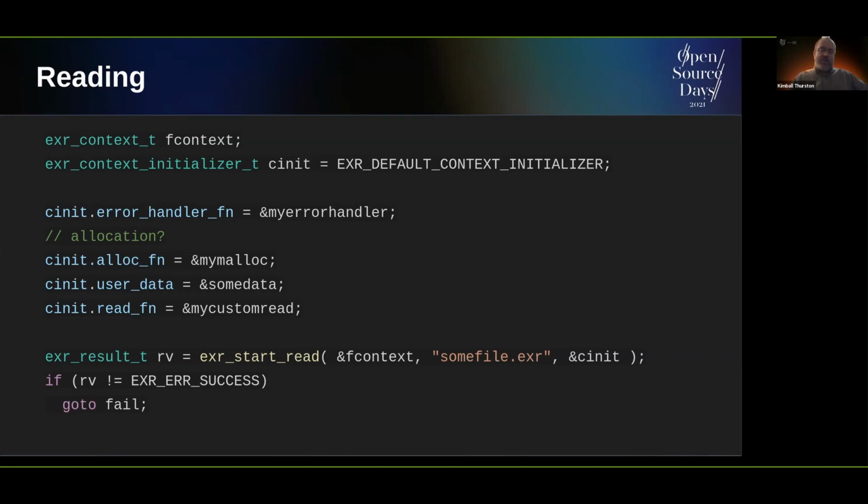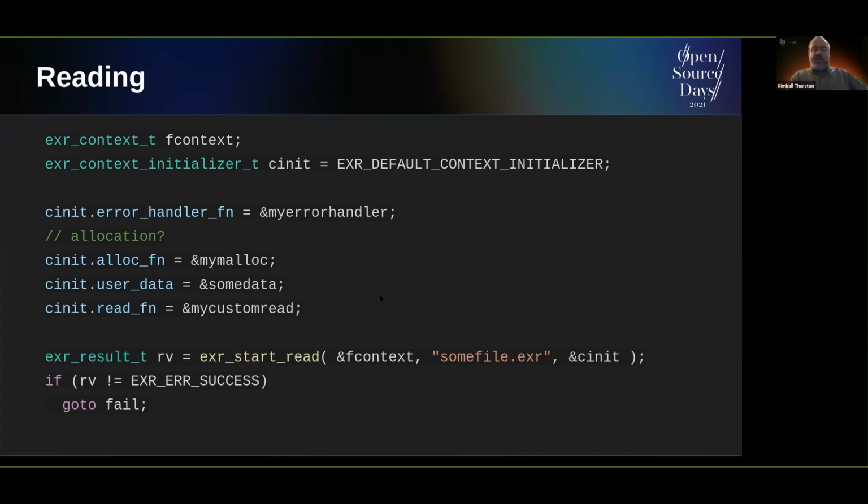But one of the things that you'll notice about it is that it's designed to be as stateless as possible, from file handle to file handle, meaning that the library itself stores very little state, and everything is passed through a context, right?